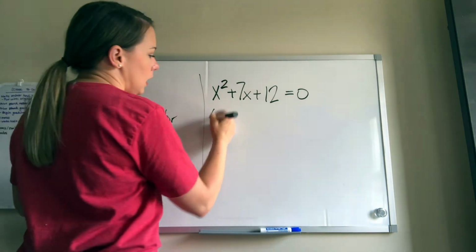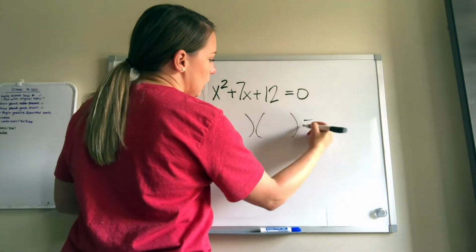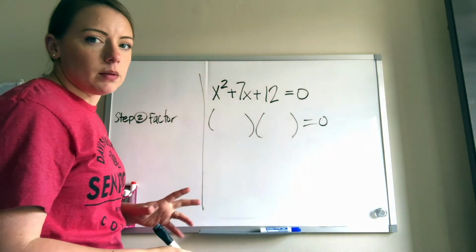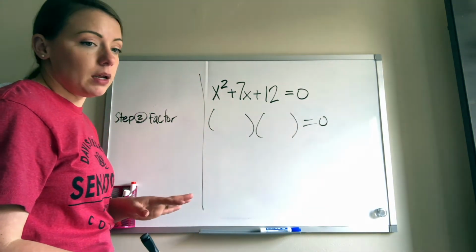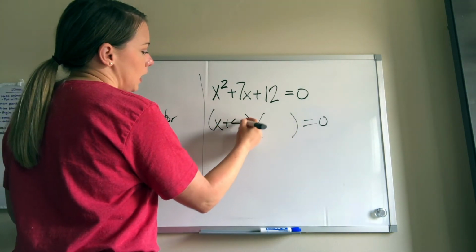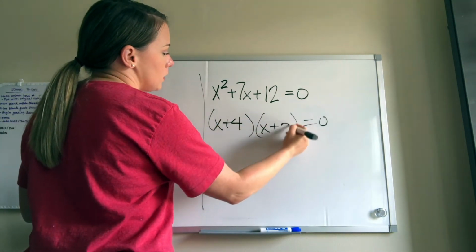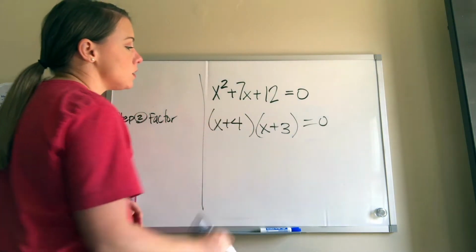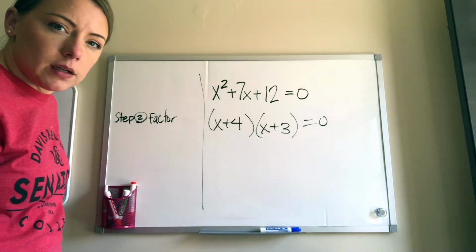So I know that I'm going to have two binomials. I'm just going to drop down this equals 0 part, and it'll become important in a minute. And then this is going to be x plus 4 and x plus 3. I know this because 4 times 3 is 12, and 4 plus 3 is also 7. Not too bad, right?